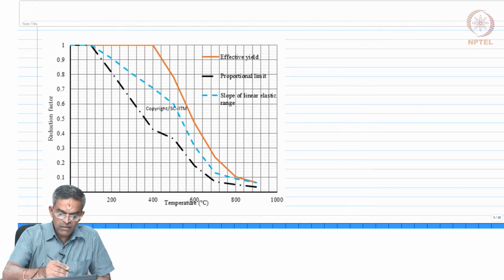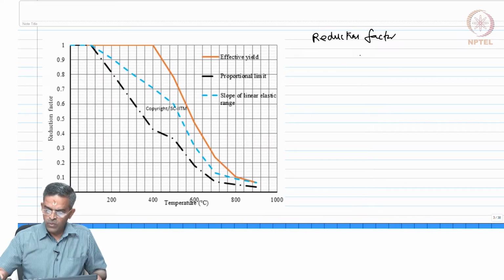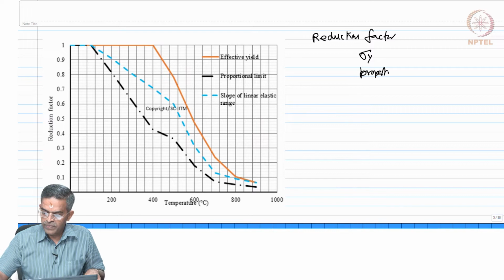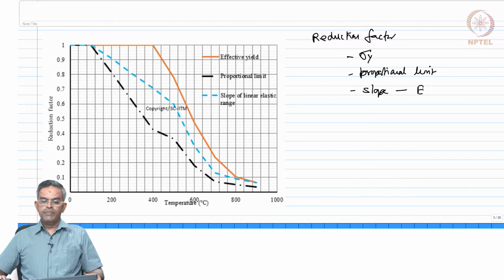So, there is a reduction factor applicable to yield strength, proportionality limit, and slope of the elastic range, which will help you to compute the Young's modulus.